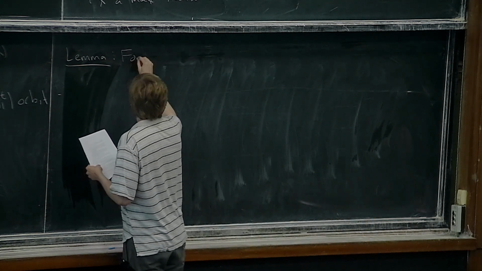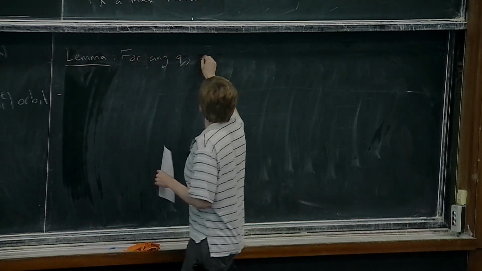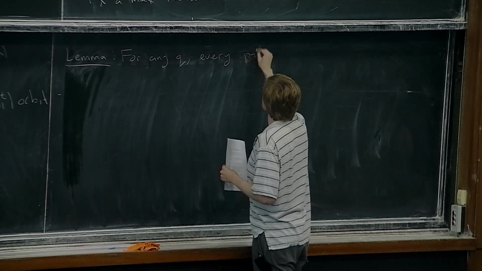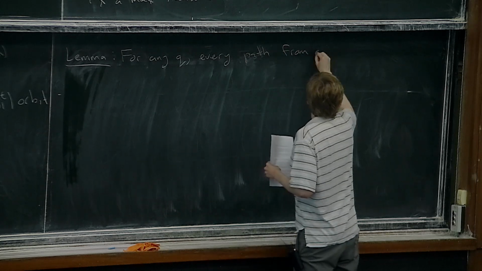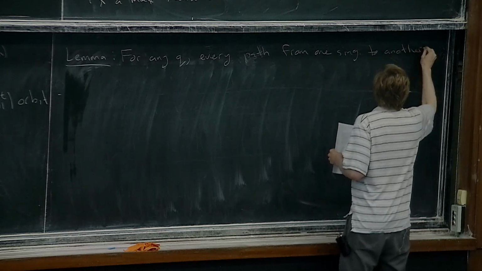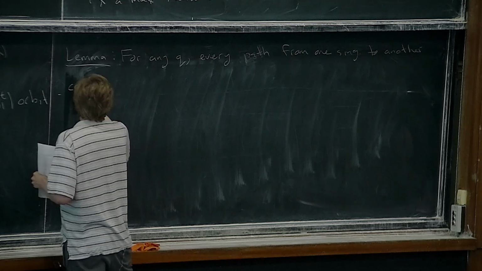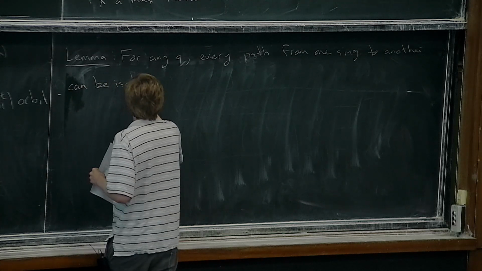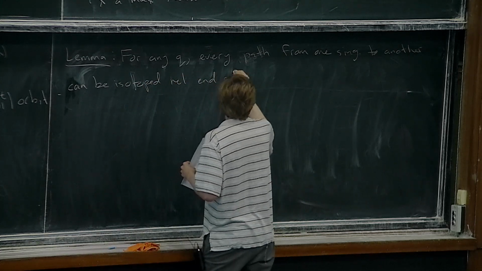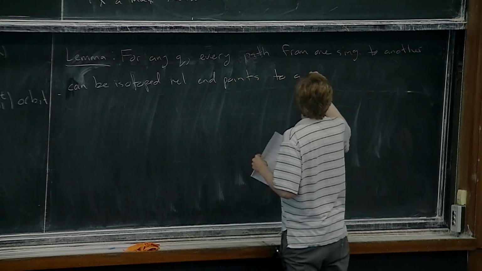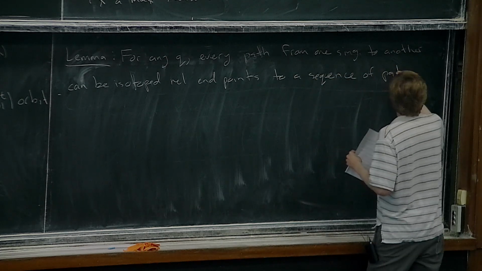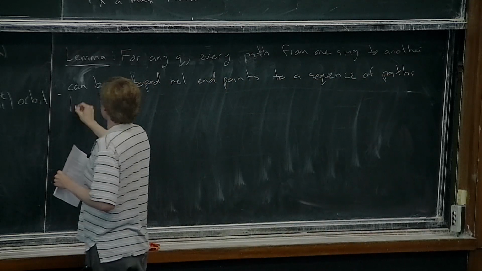So for any quadratic differential, every isotopy class, or every path from one singularity to another can be isotoped rel endpoints to a sequence of paths like the following.